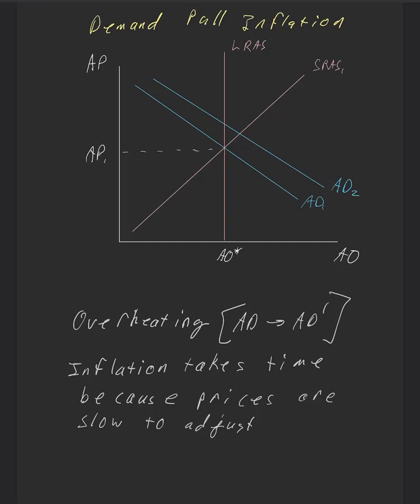Okay, and we push up to this higher level of aggregate output, which raises prices. Why? Because we have to lure those resources that don't really want to be employed, people, capital, etc., that it takes more than full employment to reach.